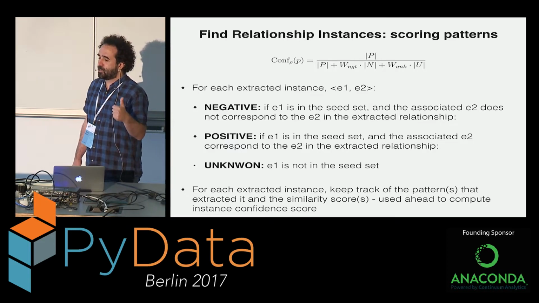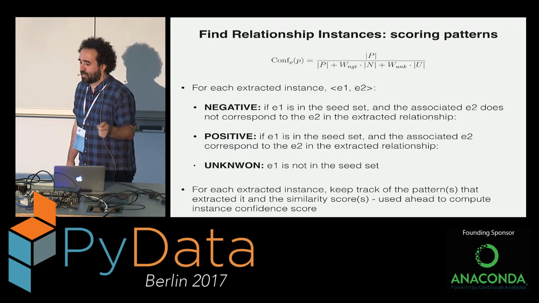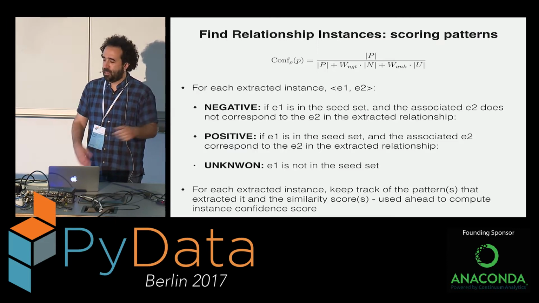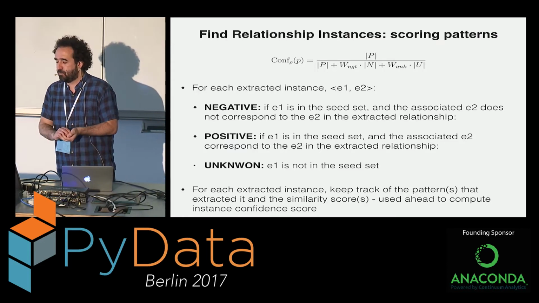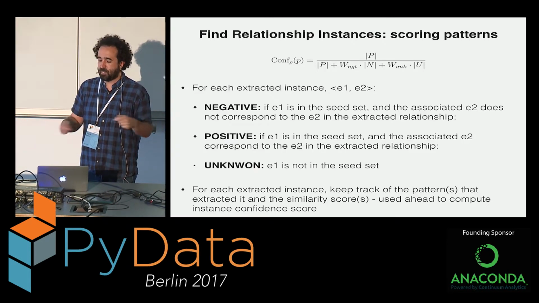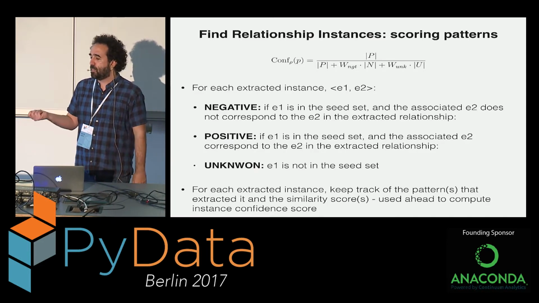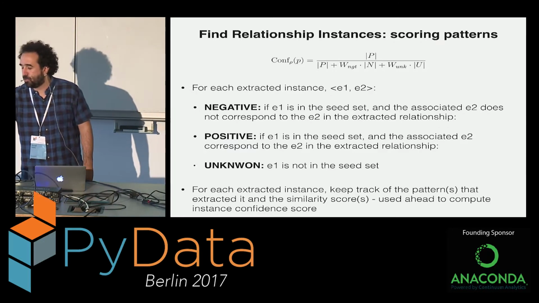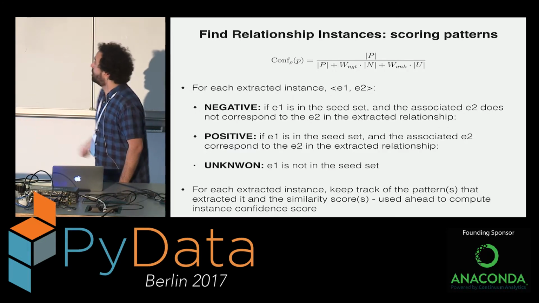If, for instance, the extraction pattern extracts something like SoundCloud and London, then you give a negative point because it doesn't correspond to what's in the initial seed set. If it's something that we don't know, we just give an unknown point. And then at the end, we compute the confidence of the pattern using the formula above.